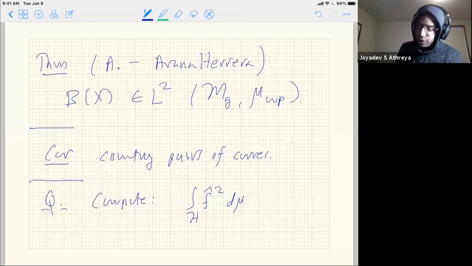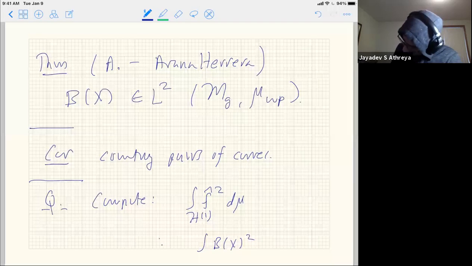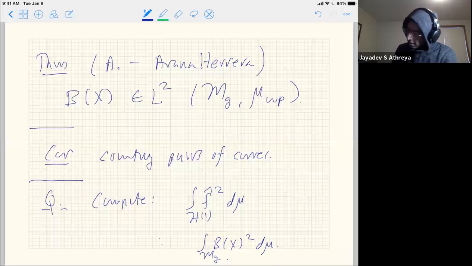Give a formula for it. And similarly, compute the integral of b of x squared dμ over Mg. When I say compute, maybe I want a formula, or maybe I want some kind of behavior as g goes to infinity. Both of those would be extremely interesting.